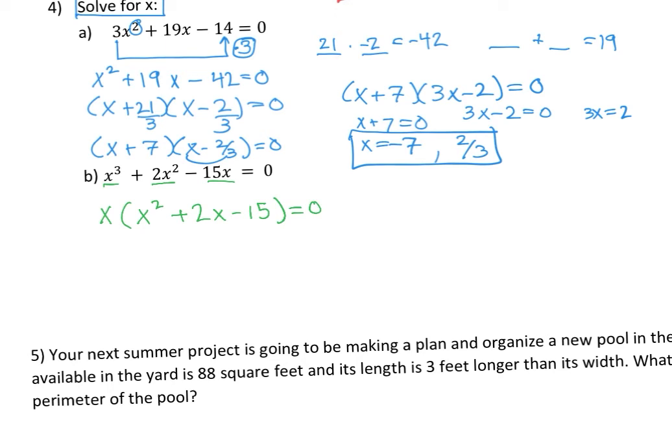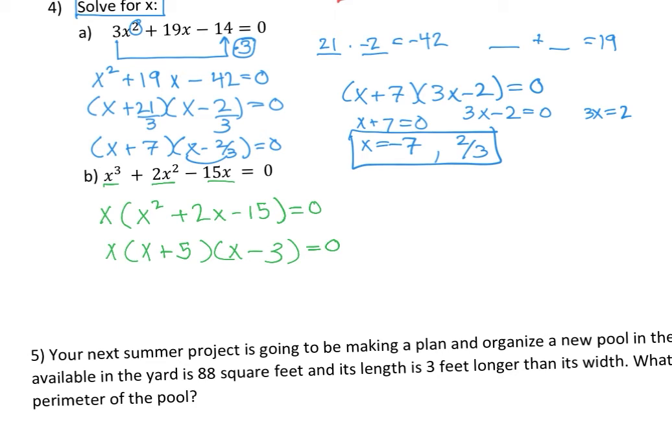Then I'm going to factor my resulting trinomial. The factors of 15 that have a difference of 2 are 5 and 3. Notice that this time I didn't write out what multiplies to get to 15 and adds to get to 2. Once you get comfortable, you don't have to write that stuff down.